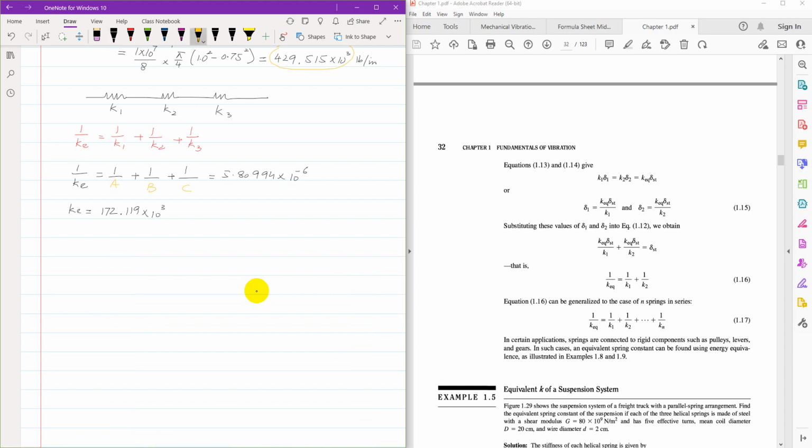Again, because I have to use it again, I am going to save it in the calculator as D, in pounds per inch.